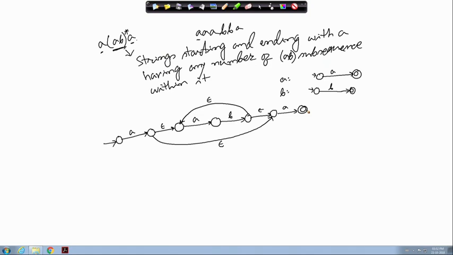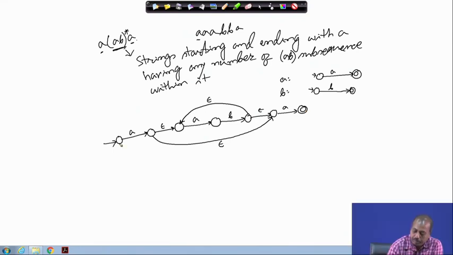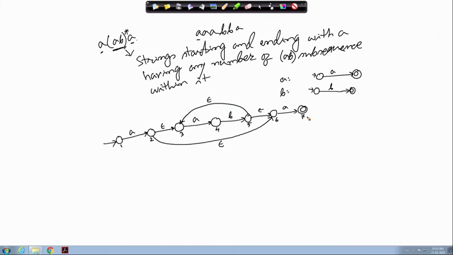Now, this NFA, if I number the states, so this is state number 1, 2, 3, 4, 5, 6, 7, then I can construct the corresponding DFA. I can construct the corresponding DFA like this.